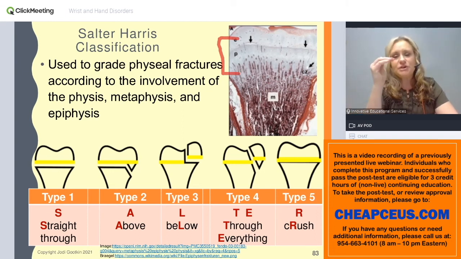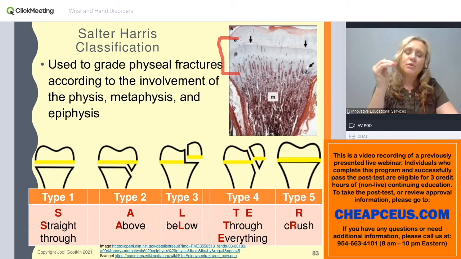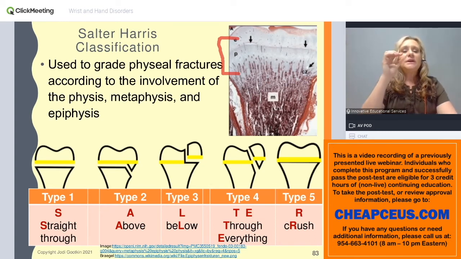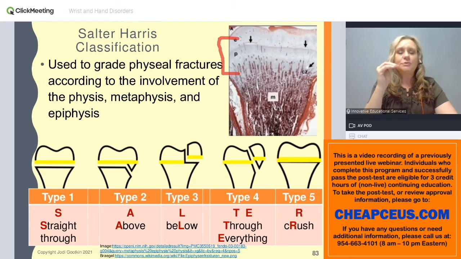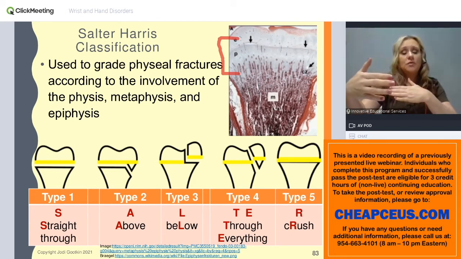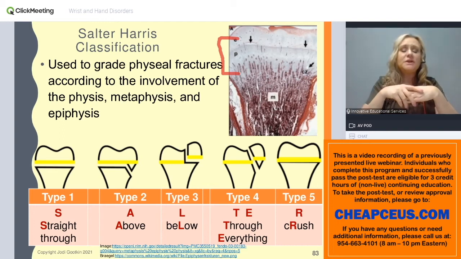There's a resting zone, a proliferating zone, the section where there's maturation occurring, and then ossification. It's a very small area, but depending on where the trauma occurs, it's going to impact potential future growth of that bone in the child. Unfortunately, what they find is that most growth plate fractures tend to occur in that maturing and ossifying region of the bone.